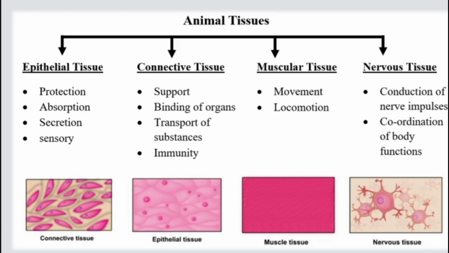The fourth one, nervous tissue: conduction of nerve impulses and coordination of body functions. So the main function of the nervous system is to connect and transfer the impulse, send the information, and also coordinate all the functions of the body. These are the functions of animal tissues.